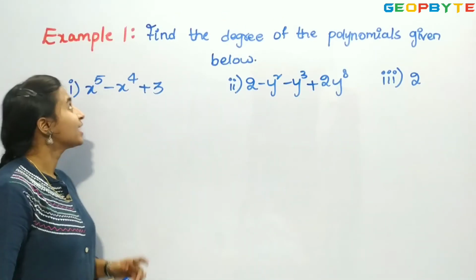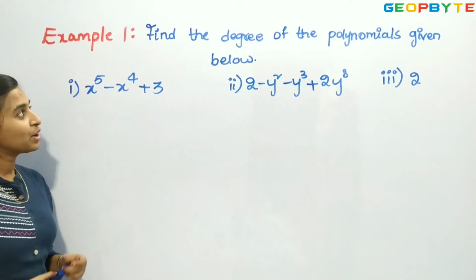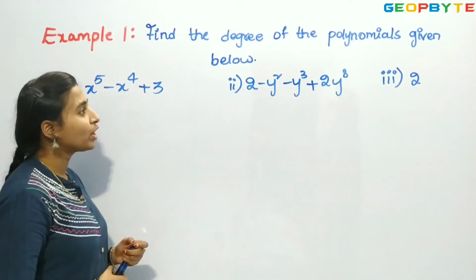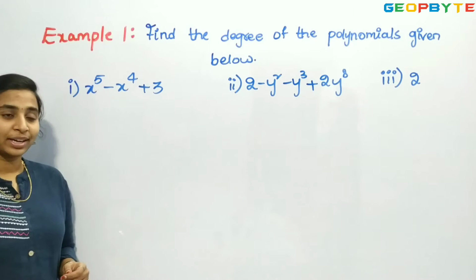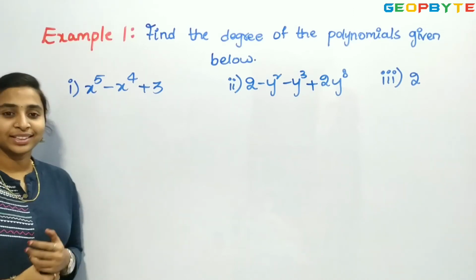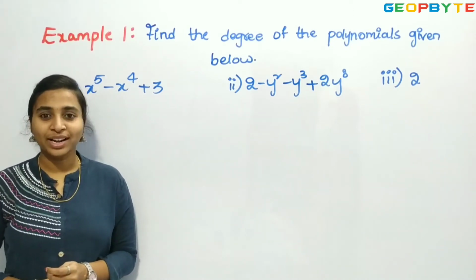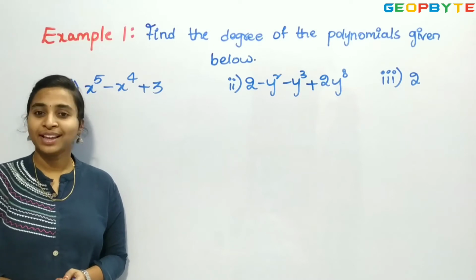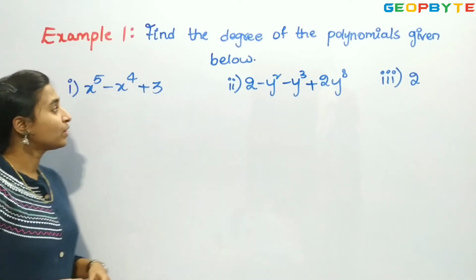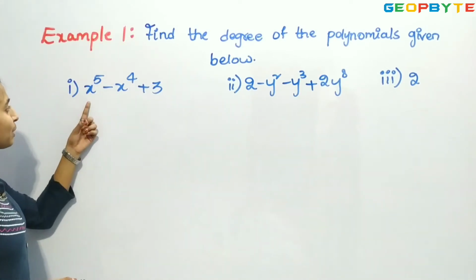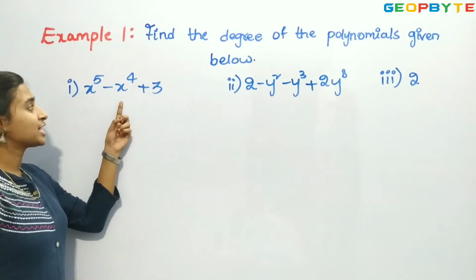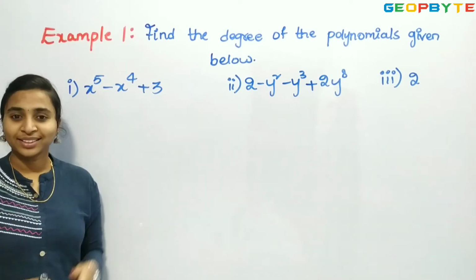Now, let us see example number 1. Find the degree of the polynomials given below. Below we are given 3 questions. We need to find the degree of the polynomial in each question. The first one is x power 5 minus x power 4 plus 3.